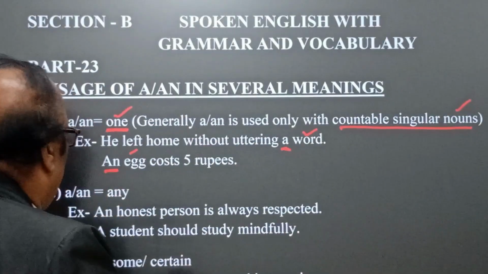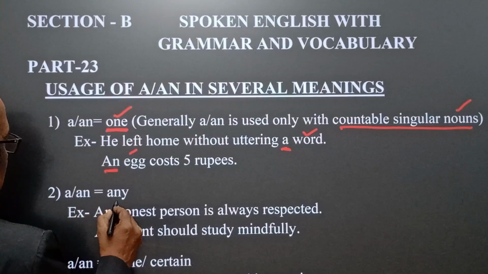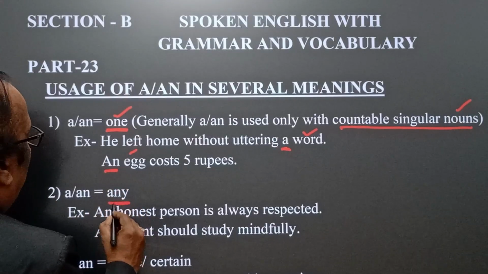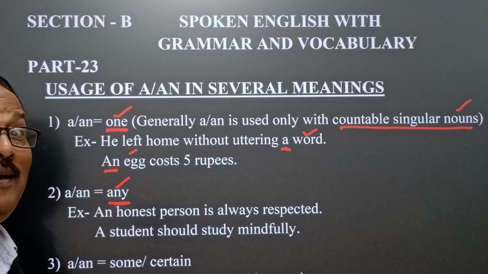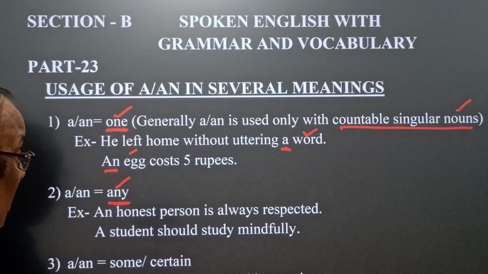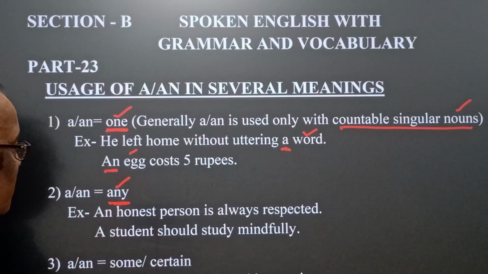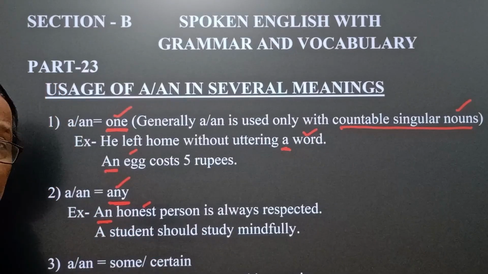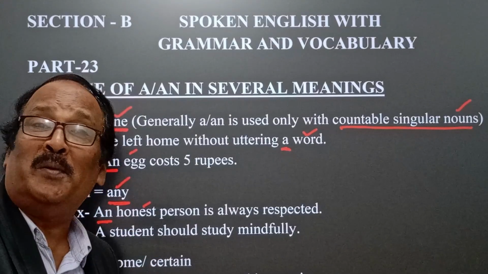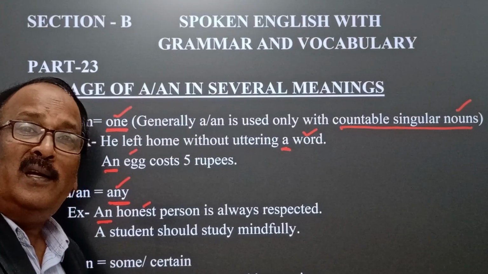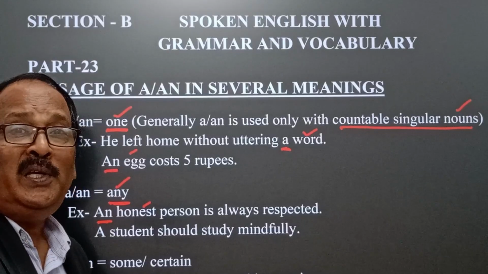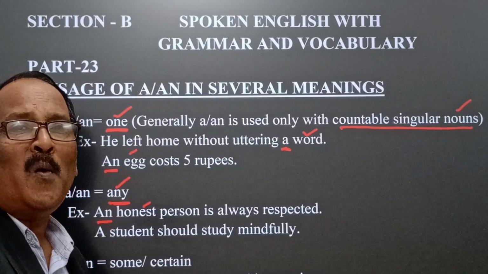Next, a or an is equal to any. Whenever it means any, how? You see, an honest person is always respected. Whoever the person may be, if he or she is honest, definitely he or she is respected in our society.